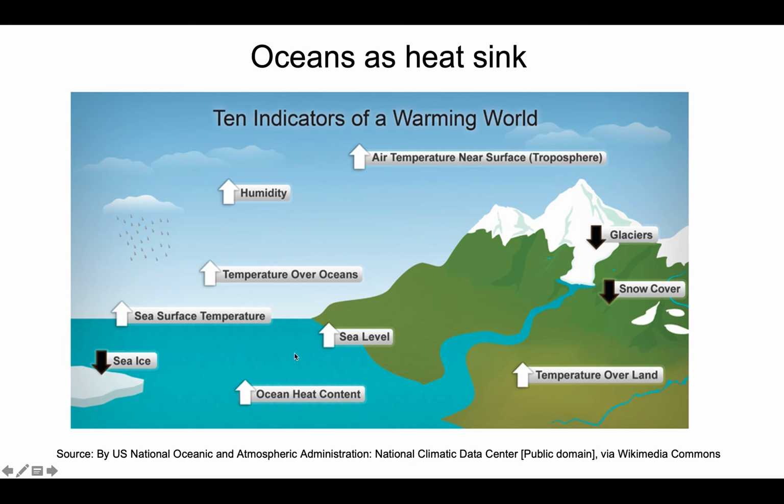But the sea creatures who have evolved to live in a particular temperature are affected first. As we warm the world and the water absorbs the heat, the ocean heat content increases, and that's bad for them. That's why a lot of coral reefs around the world are bleaching, because excessive heat causes them to die.